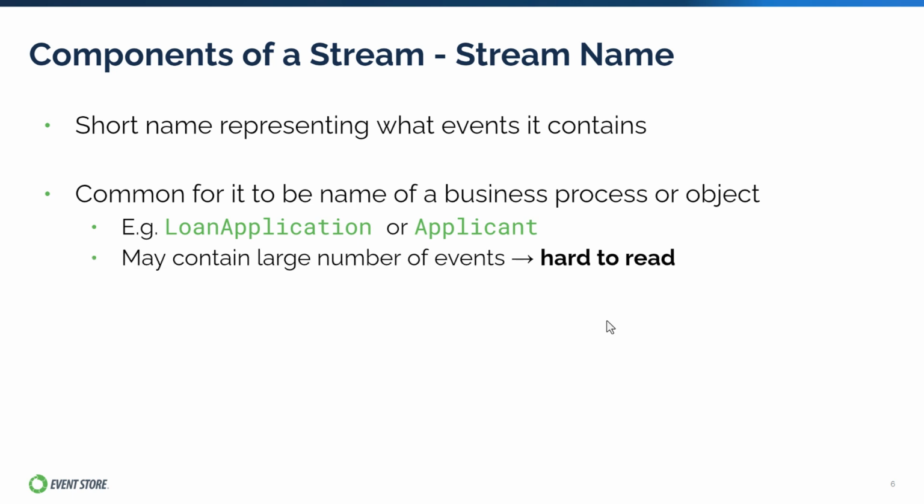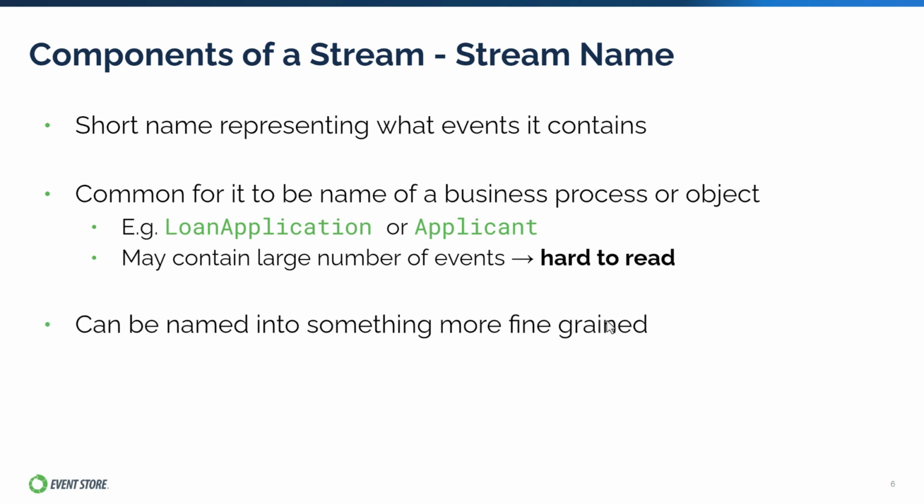However, since streams designed this way may contain all events for all instances of the process or object, this can overload the stream with events. Some streams designed this way may even have thousands or even millions of events, making it hard to read from. It is therefore also common to model streams to fine-grained instances of the process or object you want to model.